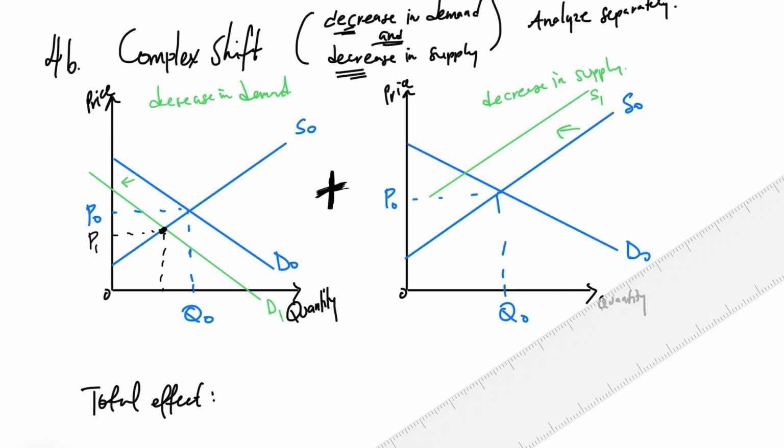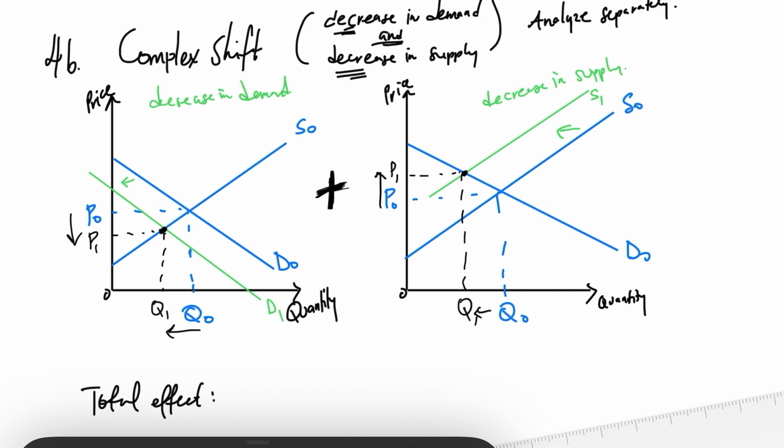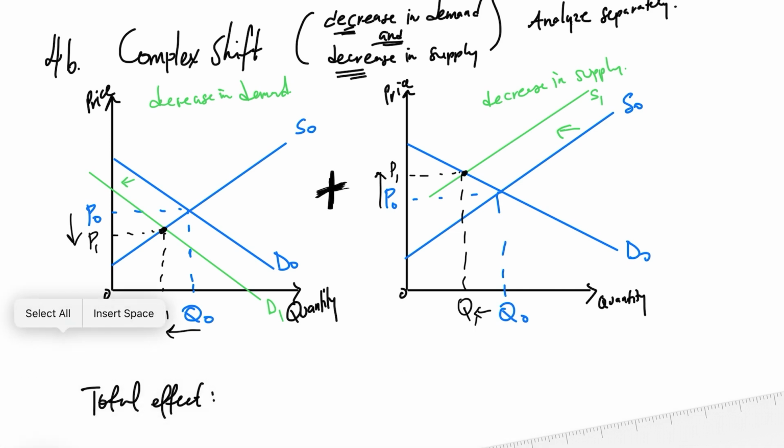Okay, and then let's analyze the effects. You see the intersection here, a fall in equilibrium price and a fall in equilibrium quantity. And right here we see a fall in equilibrium quantity and an increase in equilibrium price. Okay, now what do you think the total effect is?